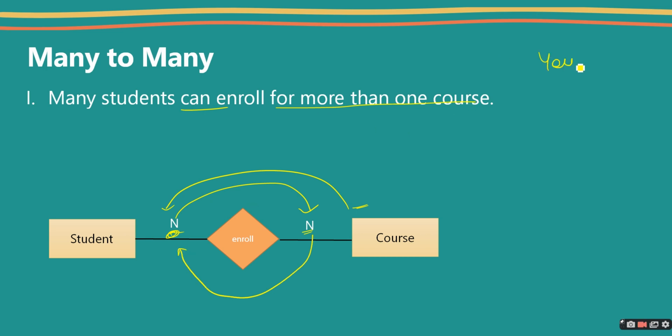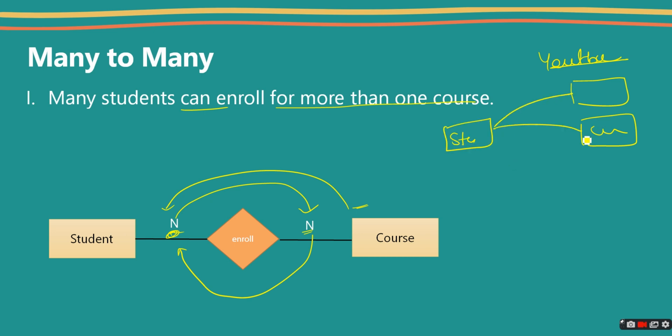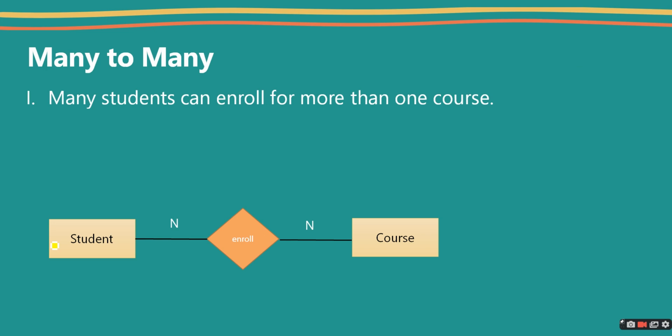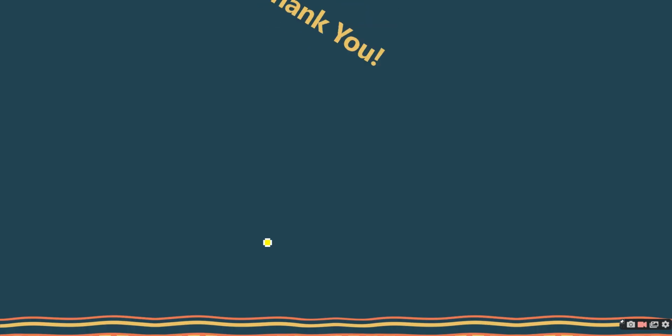Just take the example of YouTube, right? In YouTube I can create different courses and there are different students. So one student can take different courses, as well as this course can be taken by different students. So many courses, many students, many students, many courses, many to many relation.